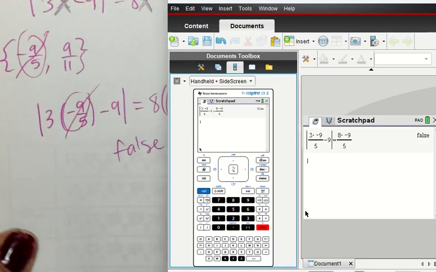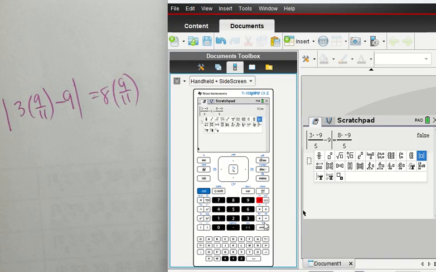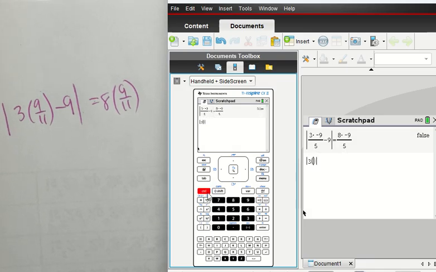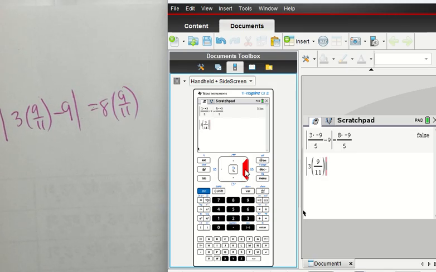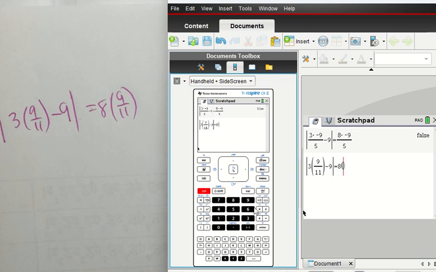And now I'm going to copy down this one. So absolute value of 3 times 9/11 minus 9. Keep it inside the absolute value. Equals 8 times 9 over 11.